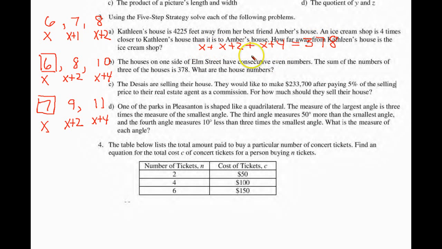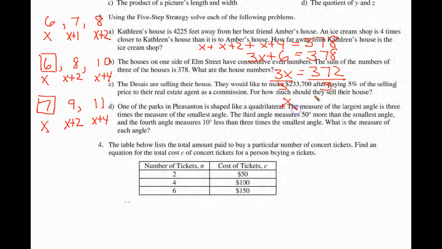So 1, 2, 3, there's 3 x's, plus 6, collecting like terms. Now we're going to subtract 6 from both sides, so we get 3x equals 372. And now we're going to divide both sides by 3.